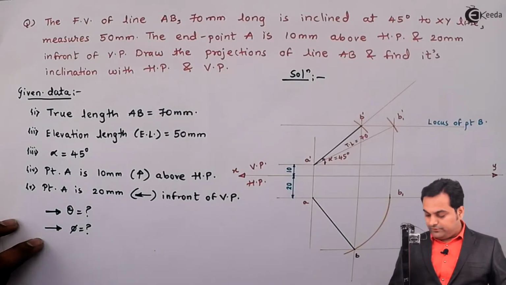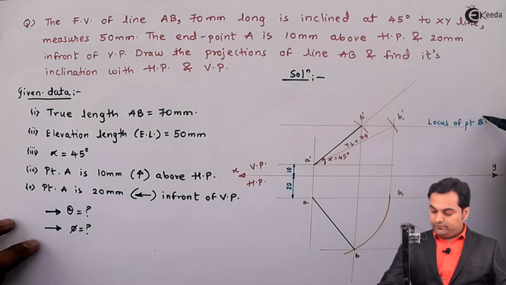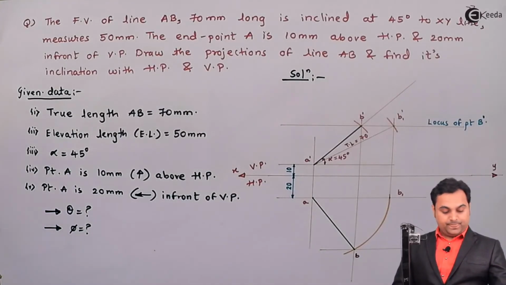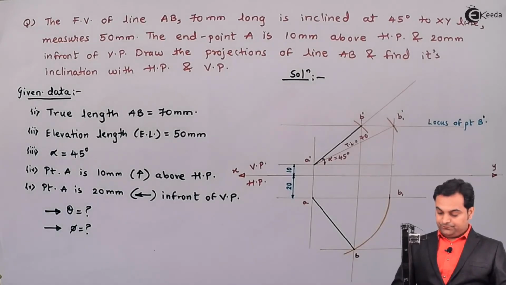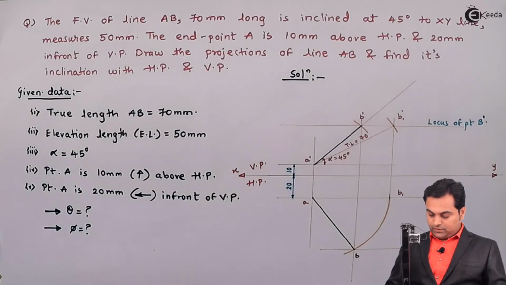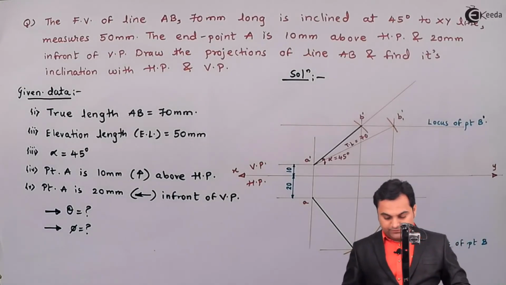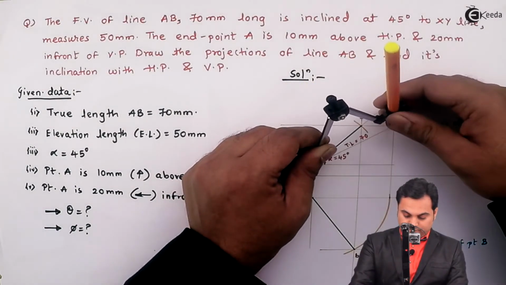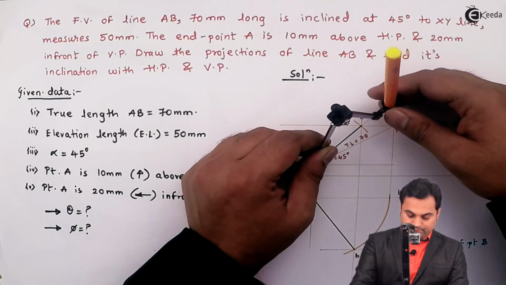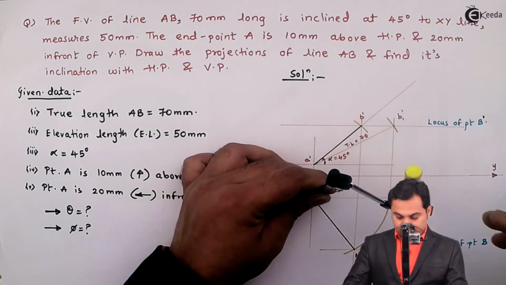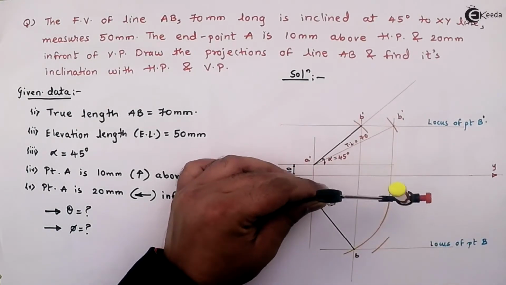This is also locus of point B. Here in the front view it was locus of B dash, and in the top view locus of point B. Then similarly I'll measure this true length, which was 70 mm, keeping it on A, cutting this locus.